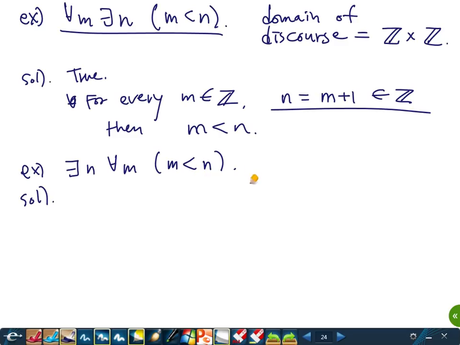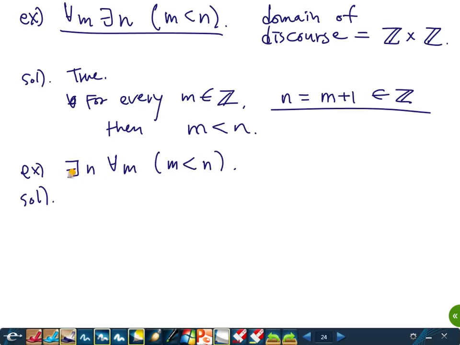Do you think it's true? Let's read this as a sentence: there exists an integer n for which, for all integers m, m is less than n. Does that make sense to you?